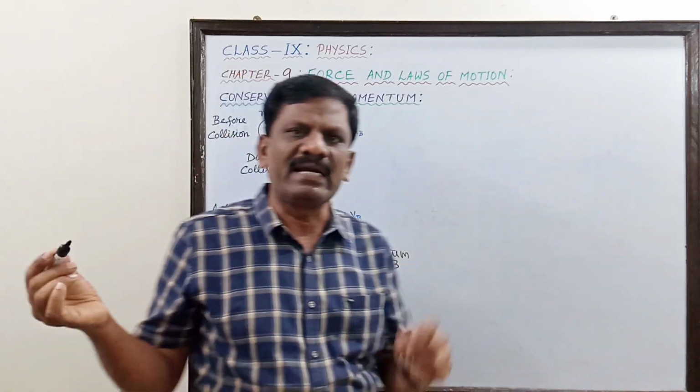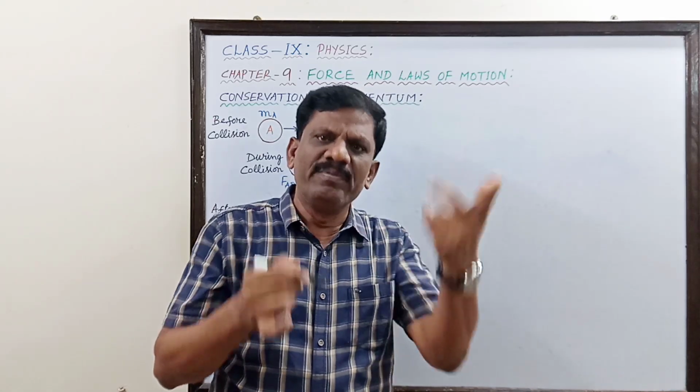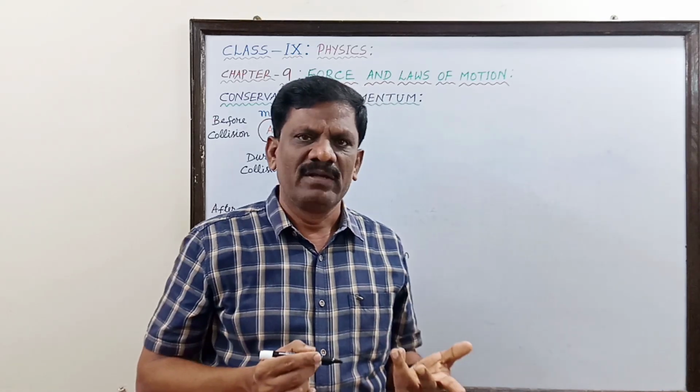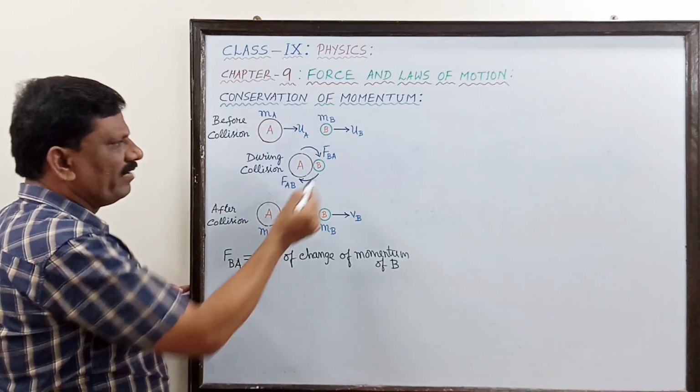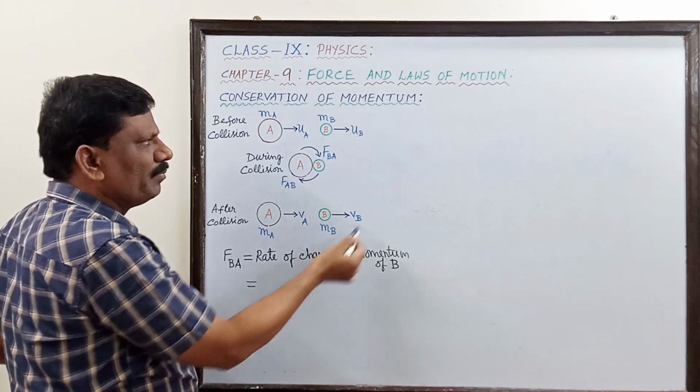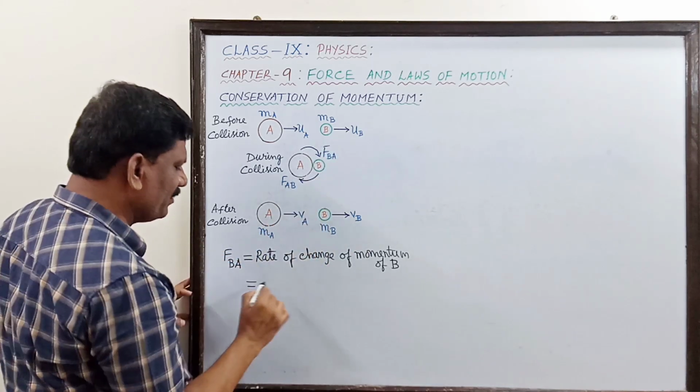So when the force is acting on the body B, the momentum of B only is going to change. Understand? So this is now equal to the final momentum of B minus initial momentum of B, that is change in momentum of B divided by time.